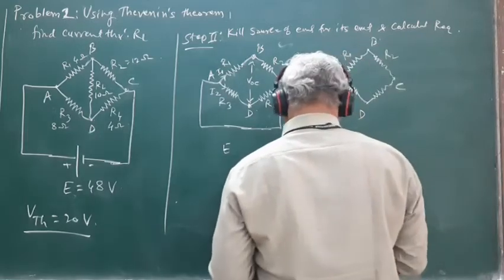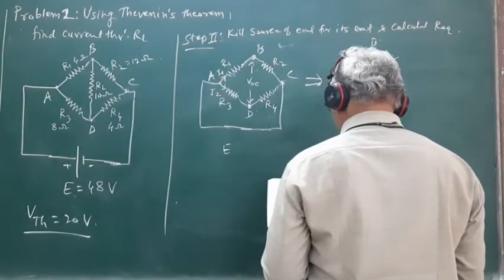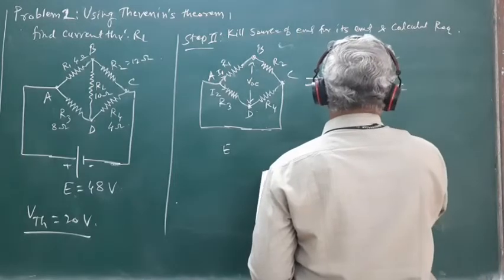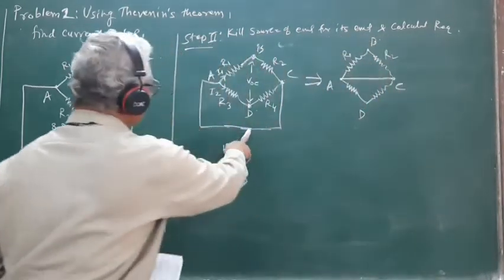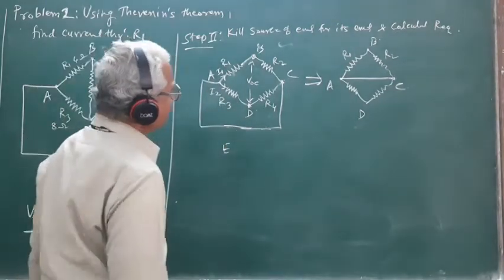So A and C are short circuited. We have removed the battery from the network.